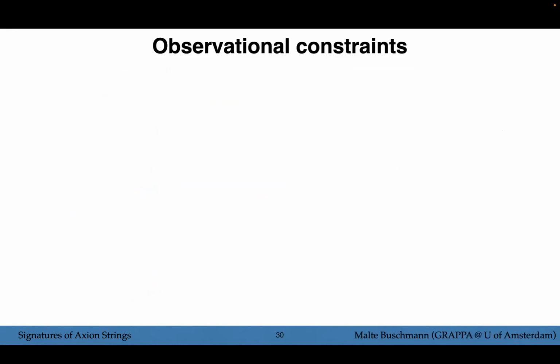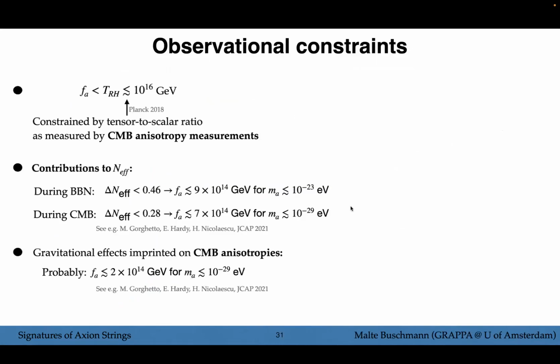So with that, we can jump straight into observational constraints. First of all, I want to summarize a little bit of existing constraints independent from axion strings. First of all, we have constraints on f_a because it needs to be smaller than the reheat temperature. Otherwise, you don't have axion strings because you're not in the post-inflation scenario. Then you also just get contributions to N effective during BBN and CMB, which are coupled 10 to the minus 14 GeV.